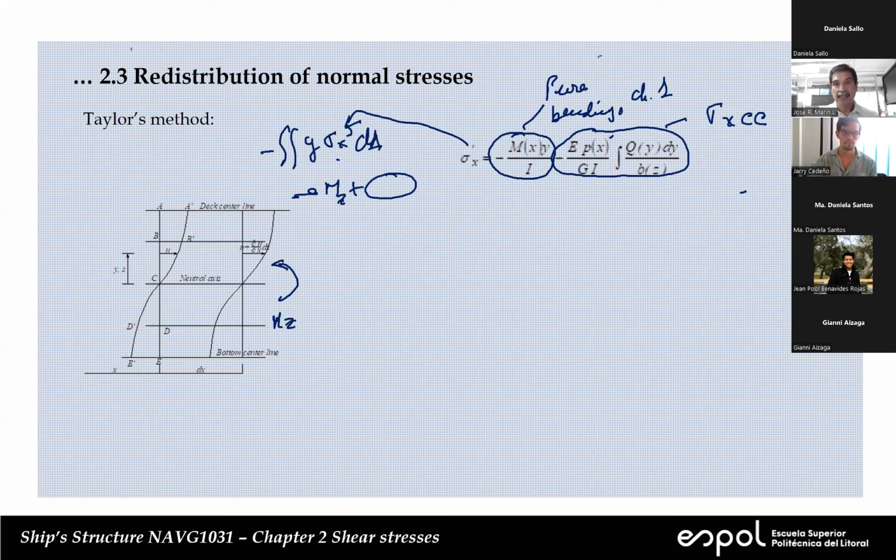You can cancel with this one and you get moment. But if you include also the second term in sigma, that will produce something extra. And that prevents from satisfying equilibrium.